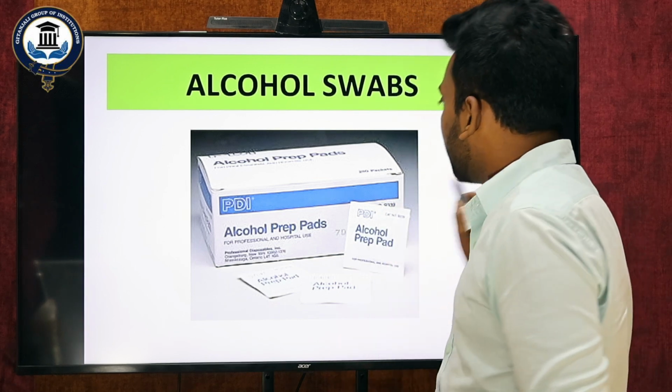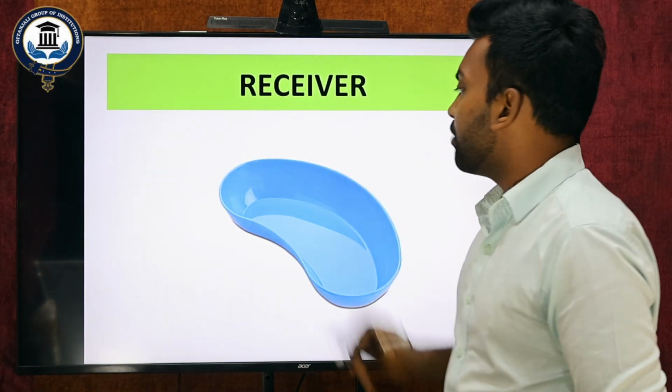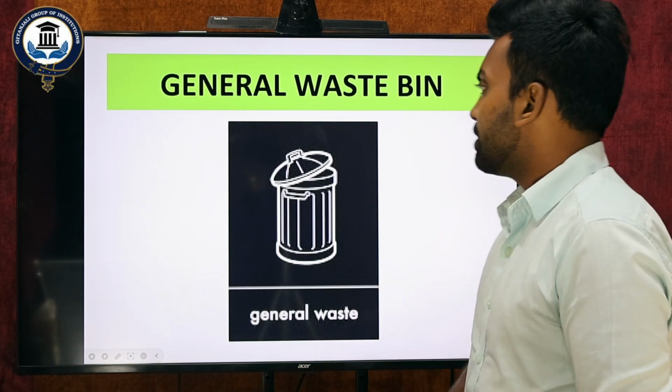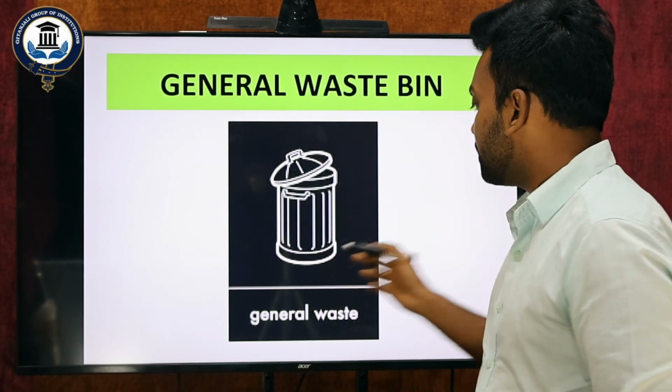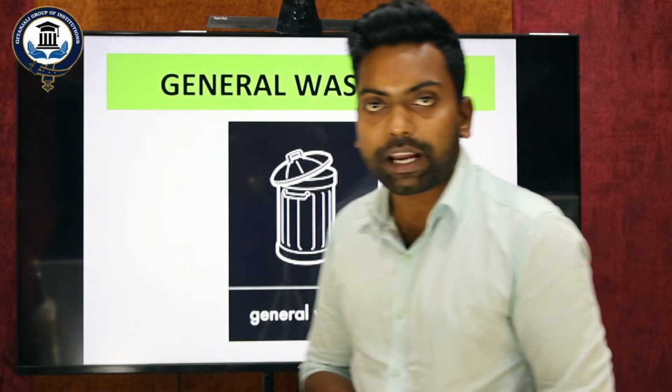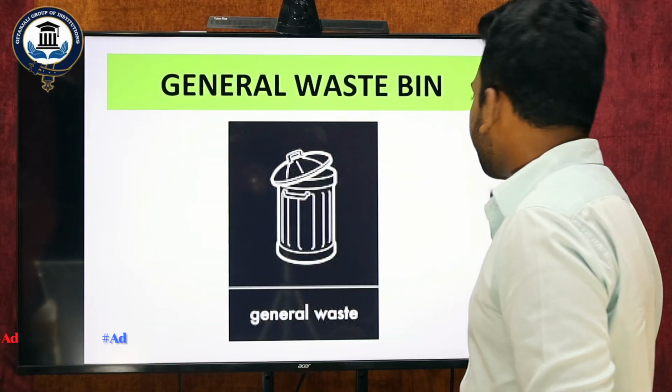The next tool is a receiver, which is nothing but a kidney tray. After use, whatever wastage there is, we can throw it there. So that is a receiver. And a general waste bin, the color code for general waste as per our biomedical waste management within the hospital setup.